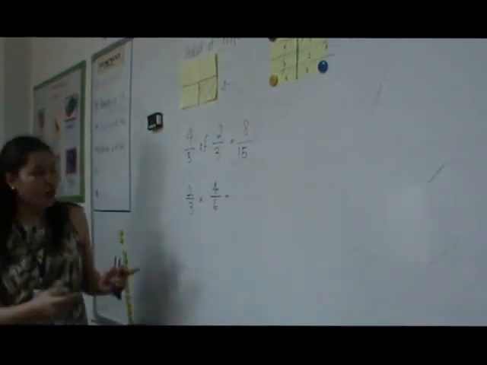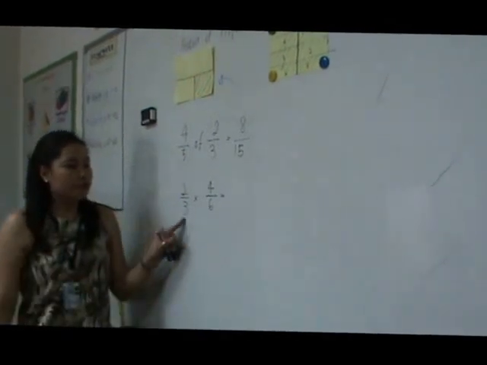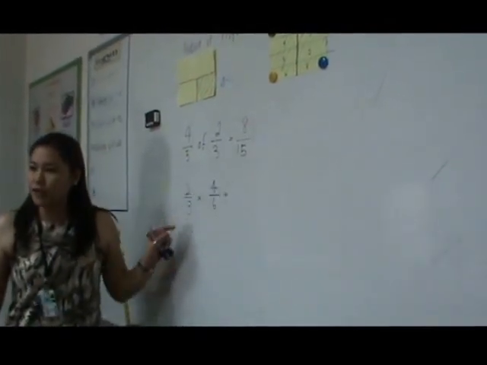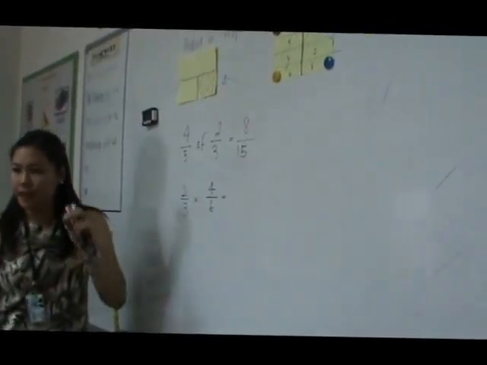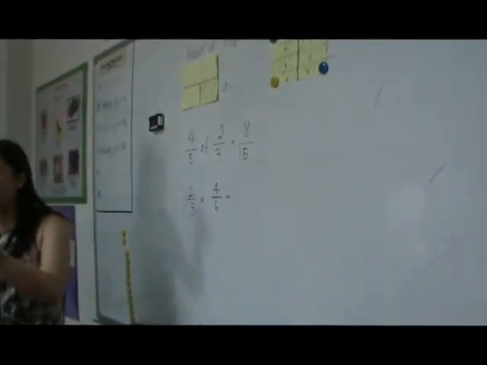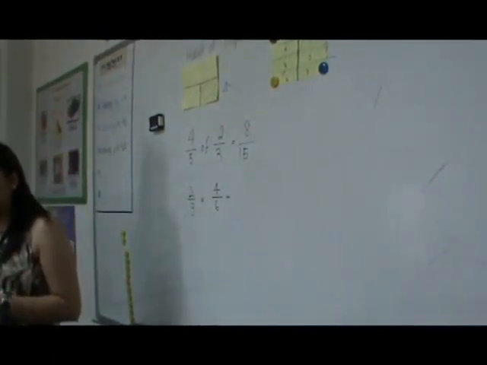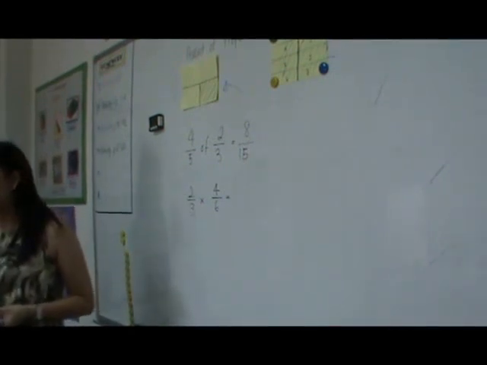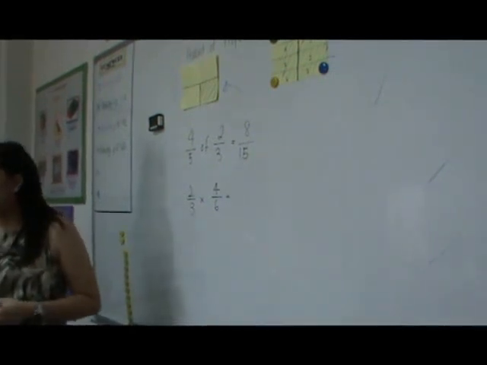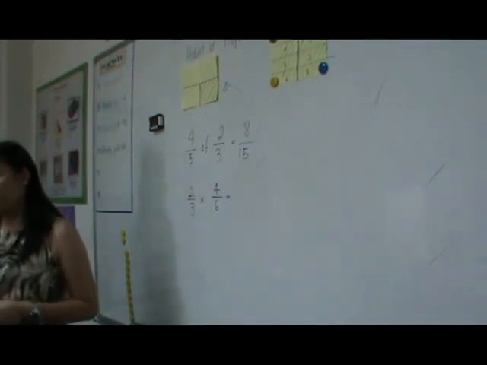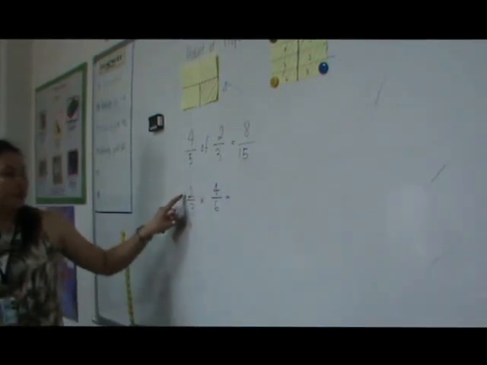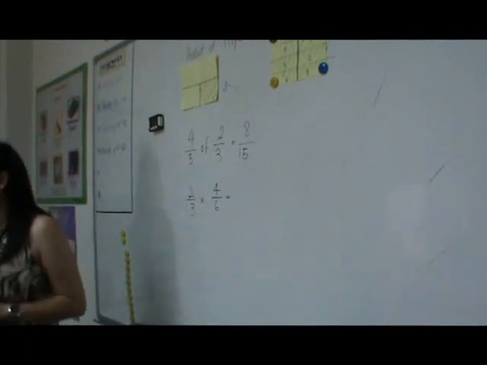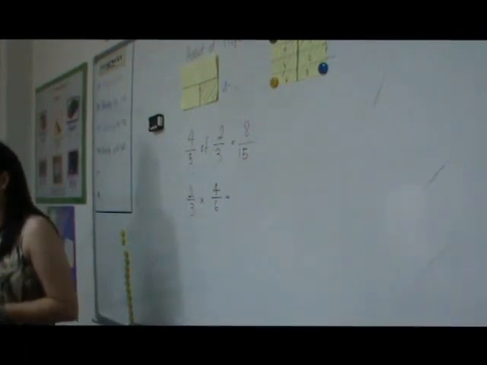So like this one, 3 and 4. Can you divide 3 and 4? Think of a number that you can divide without any remainder. Okay. How about 2 and 6? Yes. What number? 2. If you say 3, 3 cannot be divided by 2.